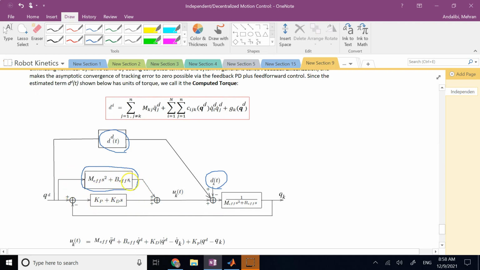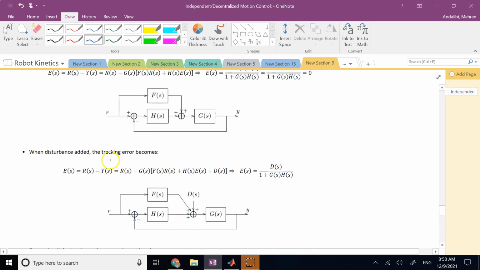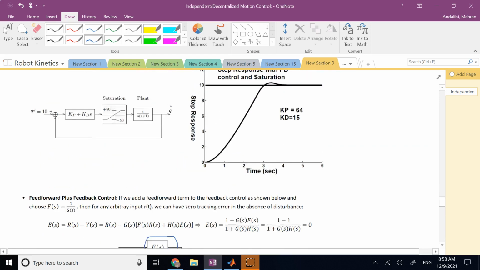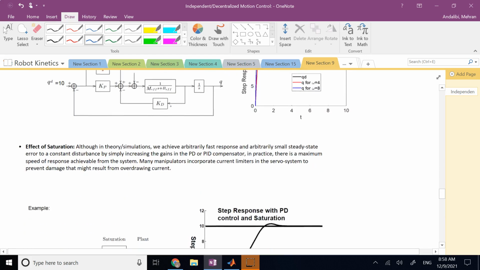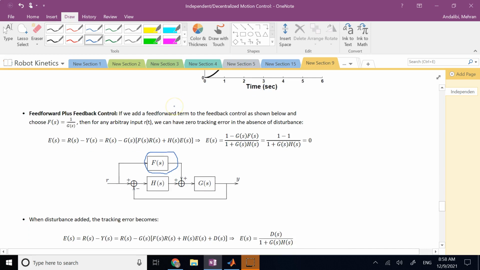Now we have something that is not using the information from Q, so you don't use the feedback from Q. You directly use this block coming from the desired Q. This extra block, shown here as block F, we call feed forward. So this time your control algorithm is feedback, shown with block H, plus feed forward, shown with block F. For that reason, let me first talk about the feed forward.